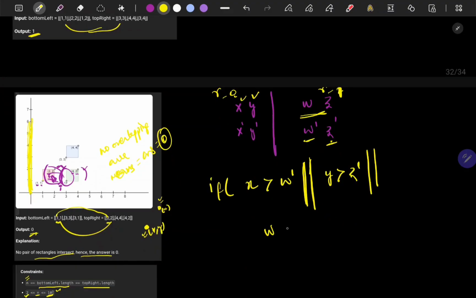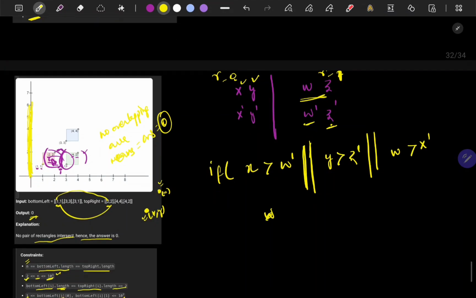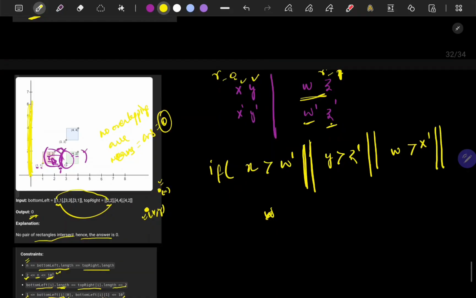If w is greater than x dash, or if this z is greater than y dash, then in this condition we will have a non-overlapping case.